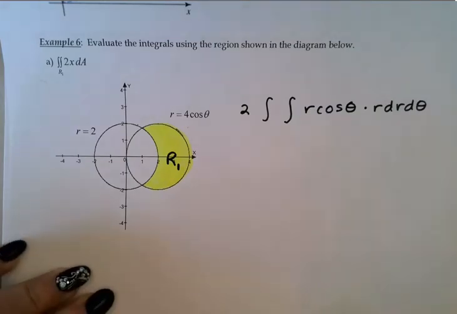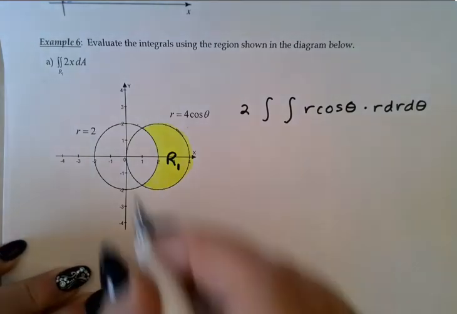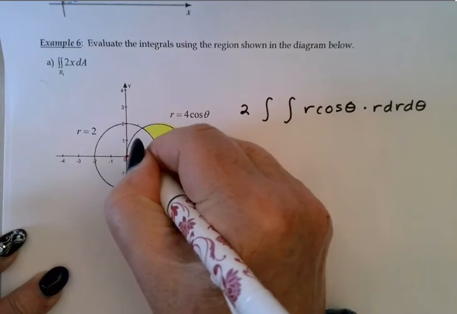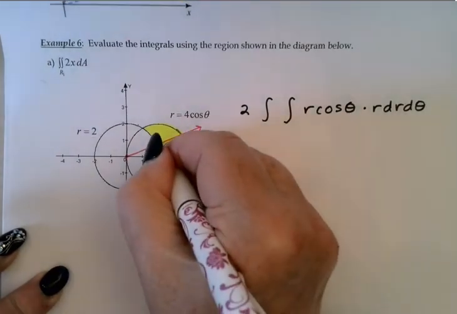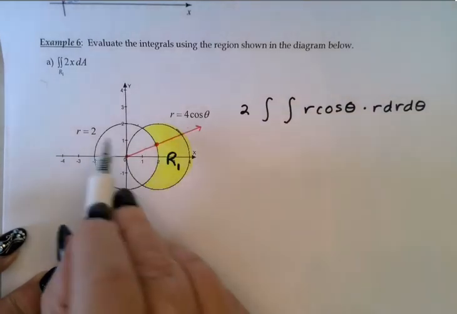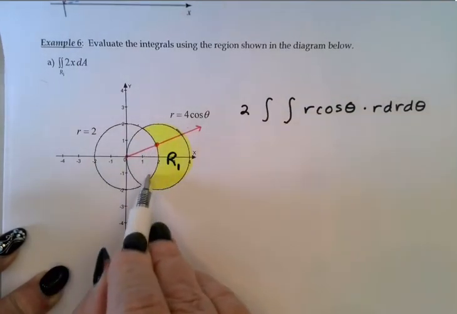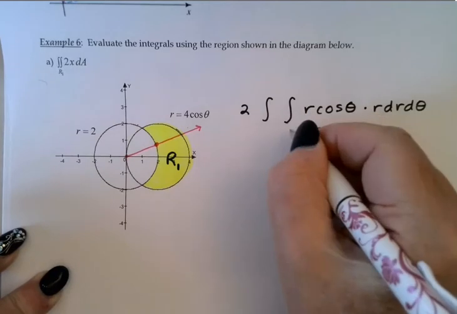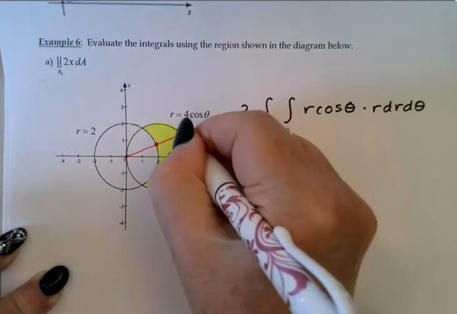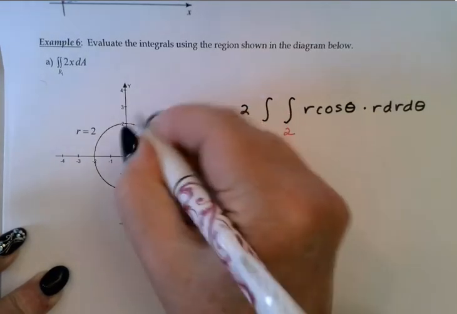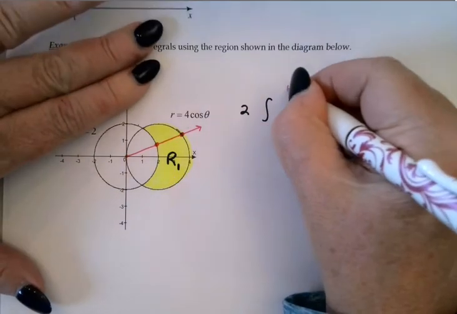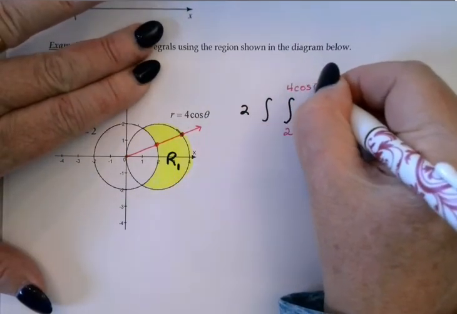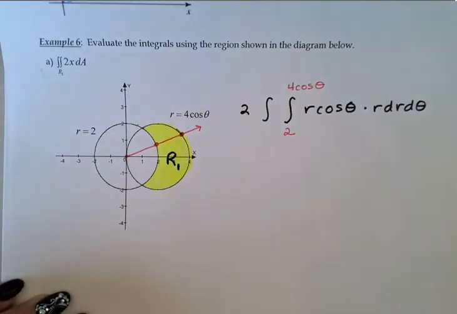As far as the limits of integration are concerned, starting from the origin, I'm going to draw that radial spoke, and I enter my region R1 right here at this circle where r is equal to 2. I exit my region on this circle where r is equal to 4 cos theta. So there are my r limits of integration.